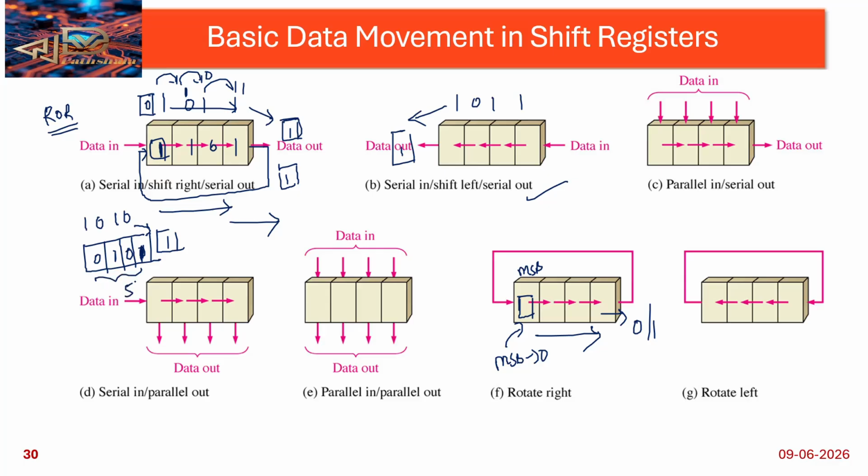Then what is the value here? 5. So whenever we shift right by one, the value is divided by 2. Every time you shift right, you get half of the value you were given.